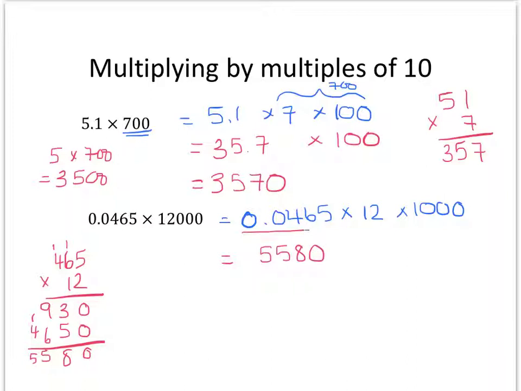So that was this bit here. I need 4 decimal places, so my decimal is going to have to go here. Okay, so now I've got 0.5580 times 1,000. When something becomes 1,000 times bigger, I need to move the decimal place 1, 2, 3 times. So I get 558.0, or just 558 as my final answer.